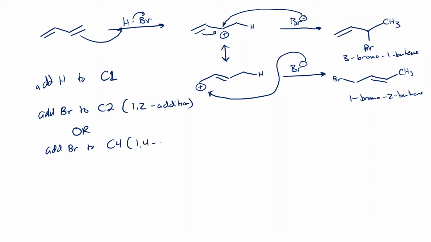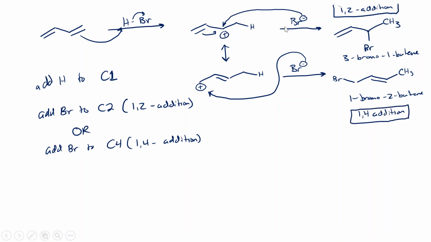This is 1,4 addition, because we're adding our atoms to carbon 1 and carbon 4. So 1,2 addition will lead to the 3-bromo-1-butene here. Or 1,4 addition is down here. That leads to this one here.